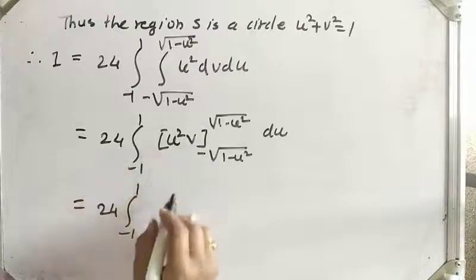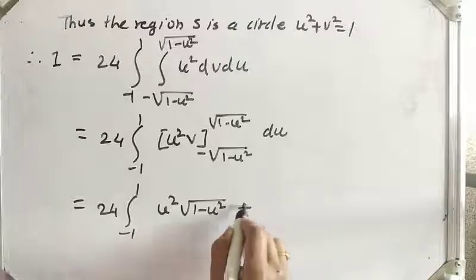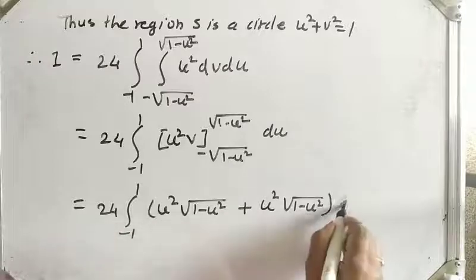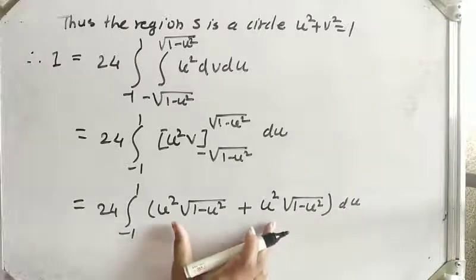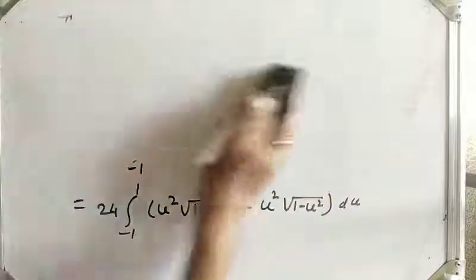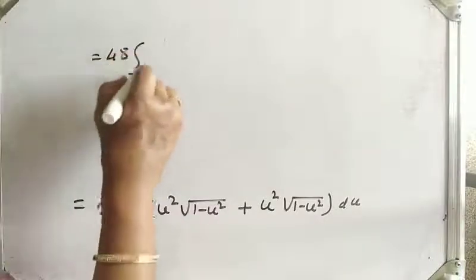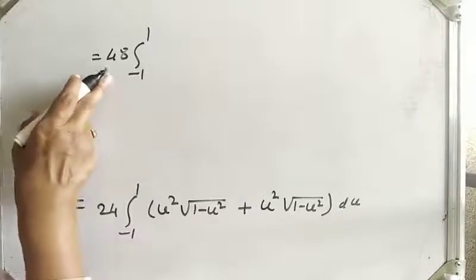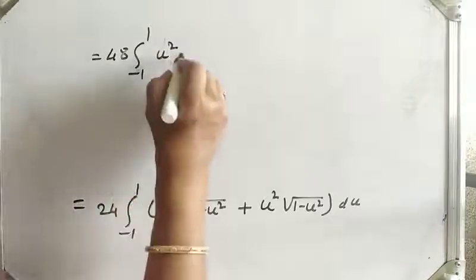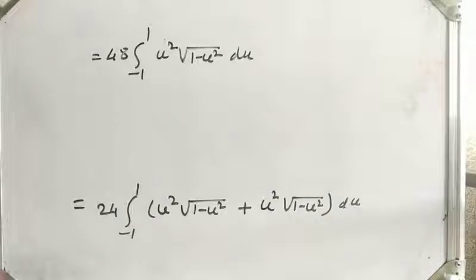Let us apply the limits: u square square root of 1 minus u square plus u square square root of 1 minus u square, du, which is 2 times this. So take that 2 outside, we have multiplied 2 with this 24, so it is 48, minus 1 to 1, u square square root of 1 minus u square du.